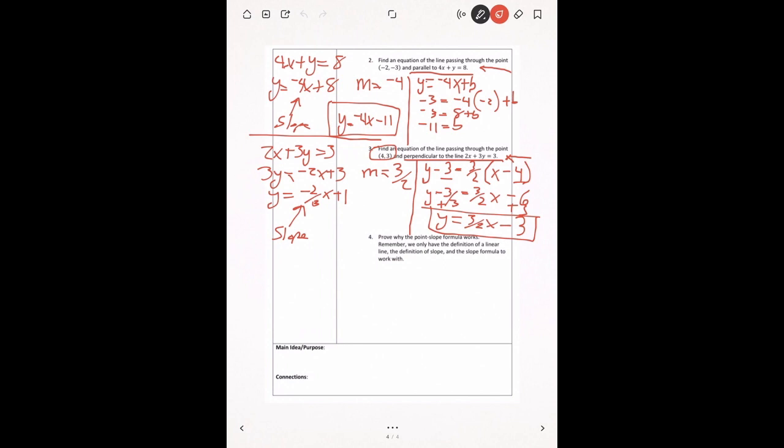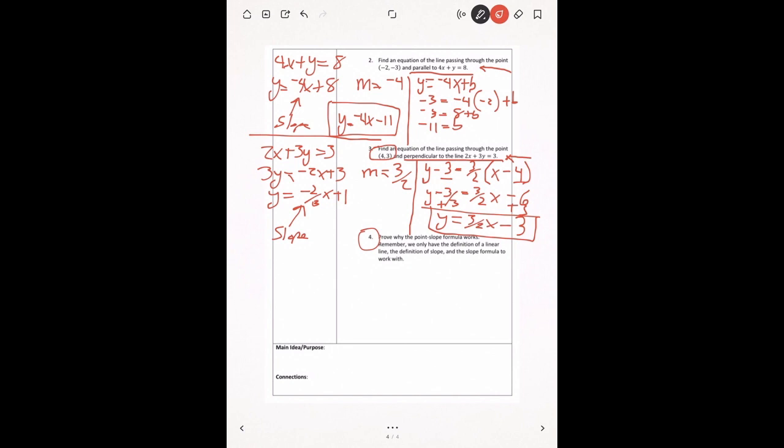Now, if you're interested, go ahead and try problem 4. This was just a challenge problem. See if you can prove why the point-slope formula works. It's not the most intuitive way of seeing why something works, but see if you can prove why this forms an equation.